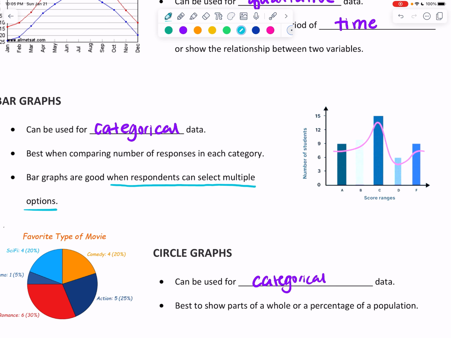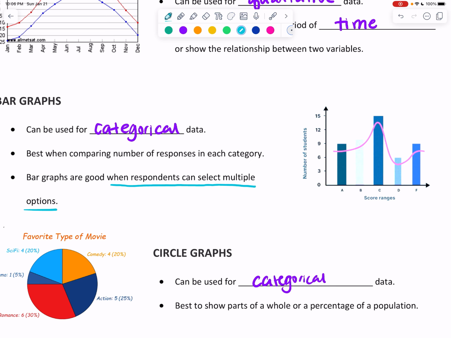Dog, cat, bird, reptile, other, none. Now, in theory, you might have more than one pet that fits more than one of those categories, right? You might have a dog and a cat. You might have a bird and a dog, right? You don't have to be isolated into one category.